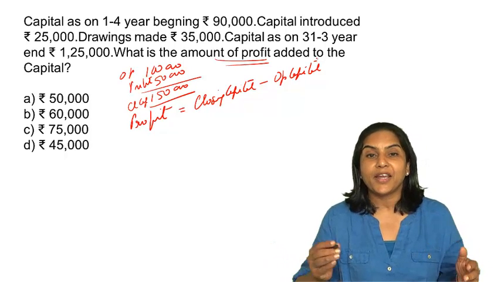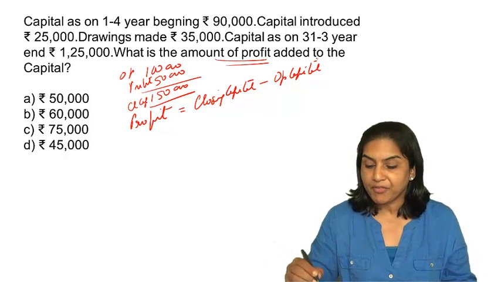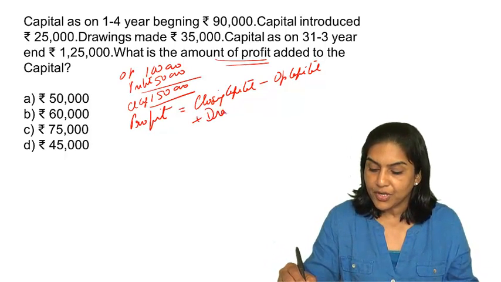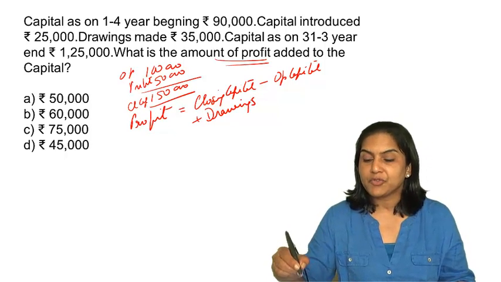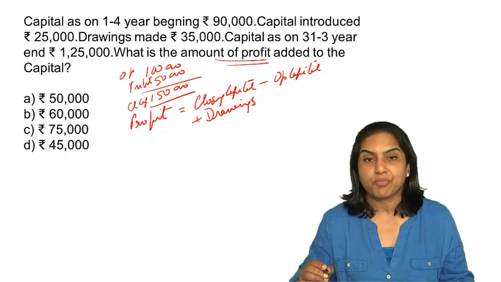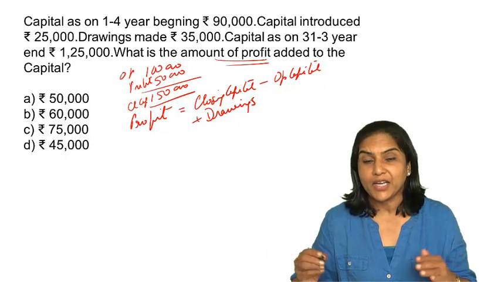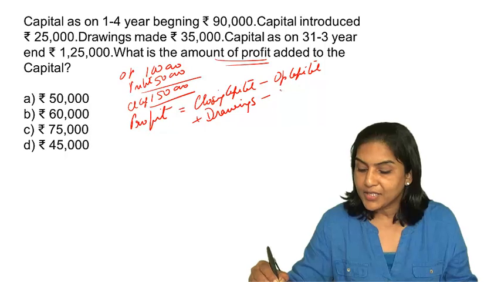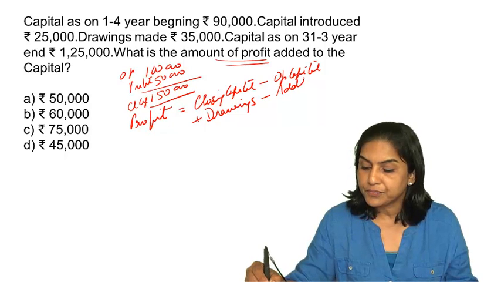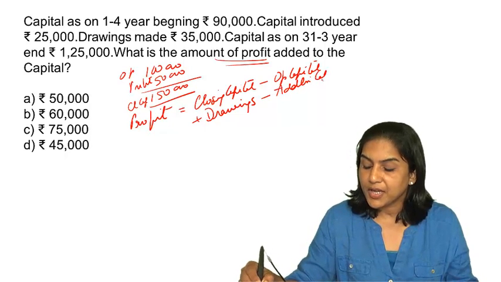But if you've already withdrawn, then the closing capital would have come down, so let's add back the drawings. At the same time, if this closing capital does not consist of profit, but it consists of additional capital brought in, let's remove that too. Additional capital.